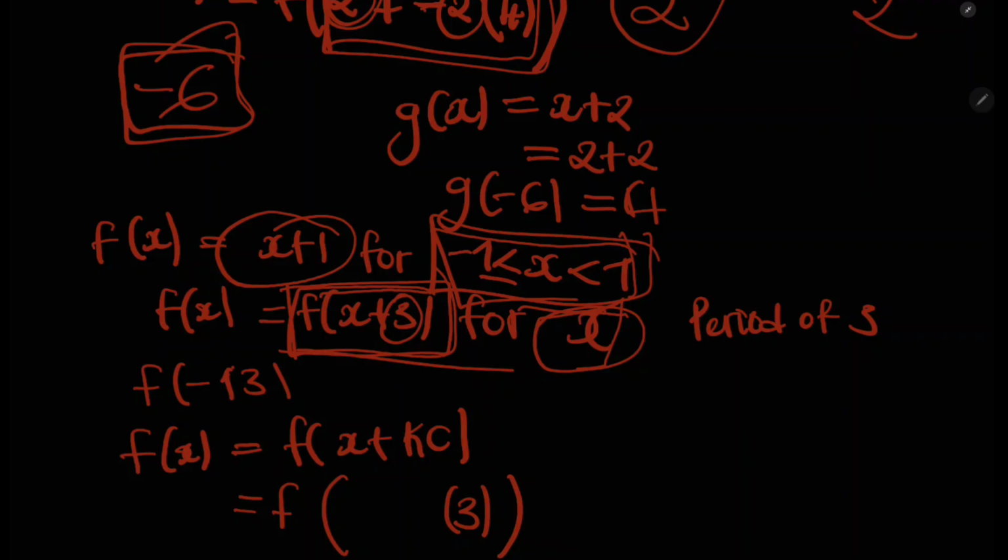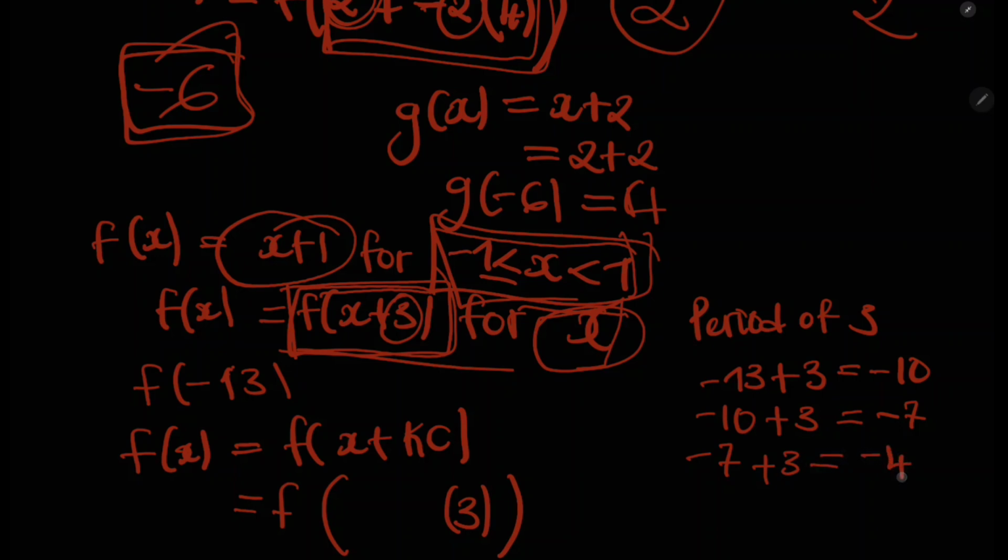Now let's evaluate this. We have minus 13. Minus 13 plus 3 gives us minus 10. We go again. Minus 10 plus 3 is minus 7. Minus 7 plus 3 is minus 4.